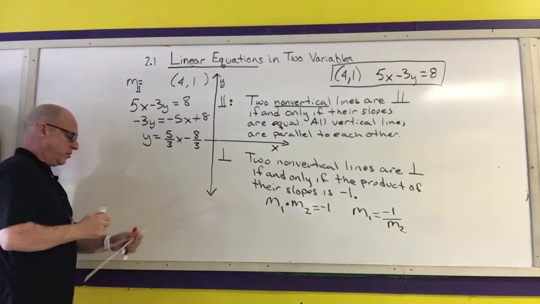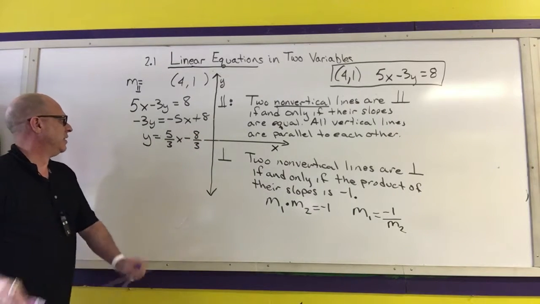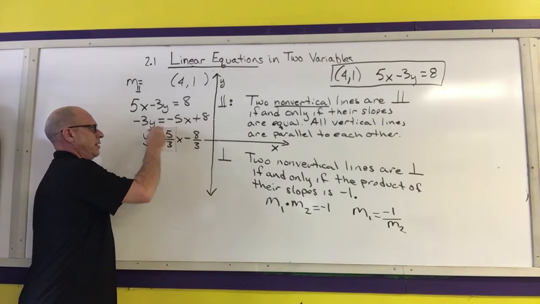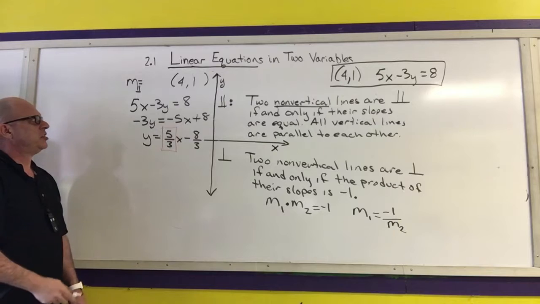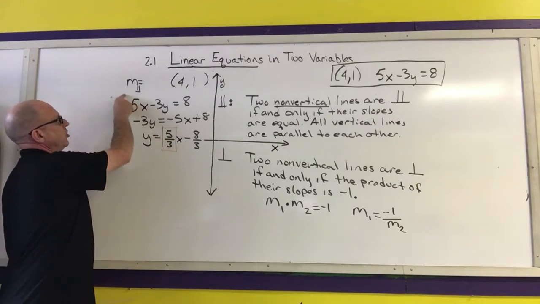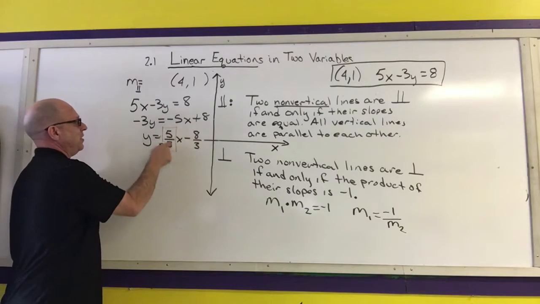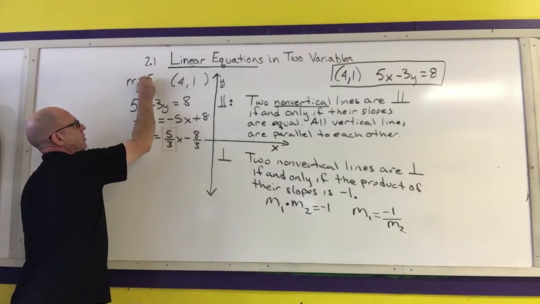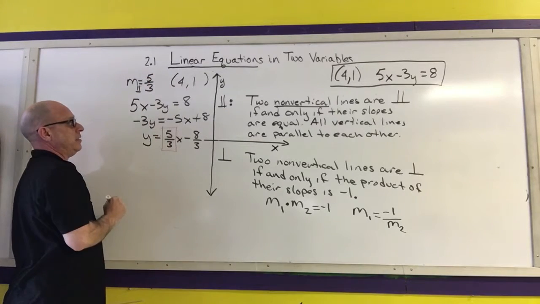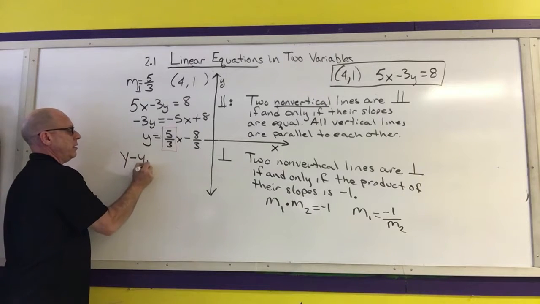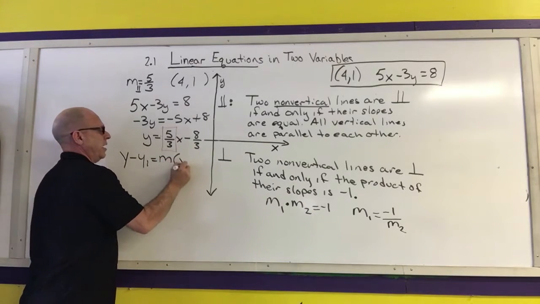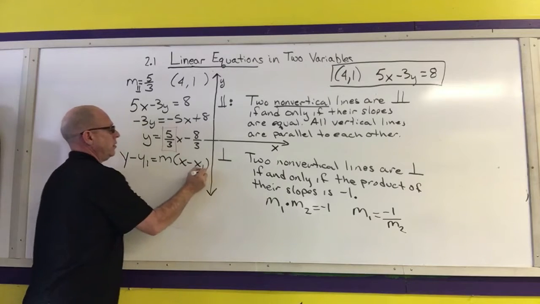What I'm concerned about right here is this is the slope of the line that I want to write the equation of a line parallel to. So my parallel slope has got to be the same, which is 5/3. So to write the equation of the line, remember y minus y1 equals m times x minus x1.